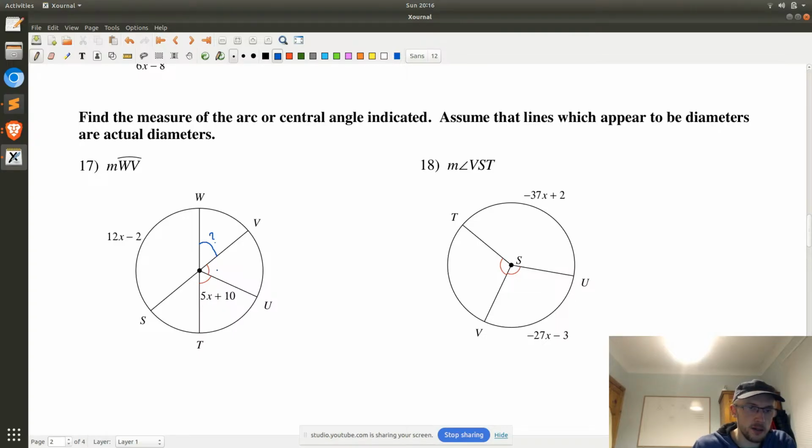And these are apparently equal. 5x plus 10. All right, and then we have this question mark angle over here as well, which is vertically opposite, so that's fine.